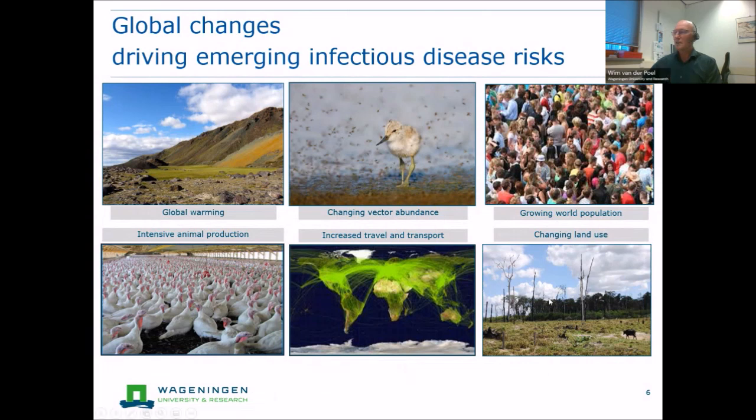Changing land use is also a risk factor for emerging infectious diseases, because changing land use means that we have movements of animals and susceptible species for the different ages, and also different or changing contact structures between animal species, which means that we may have species jumps of zoonotic agents.